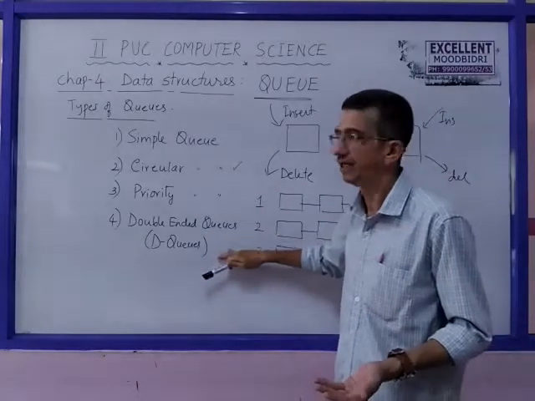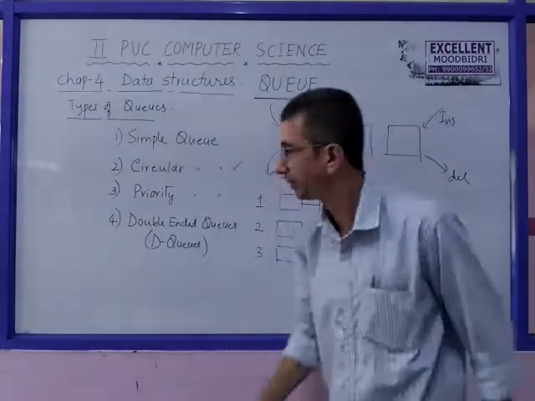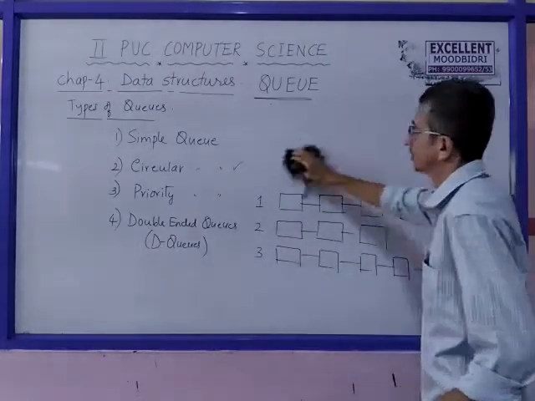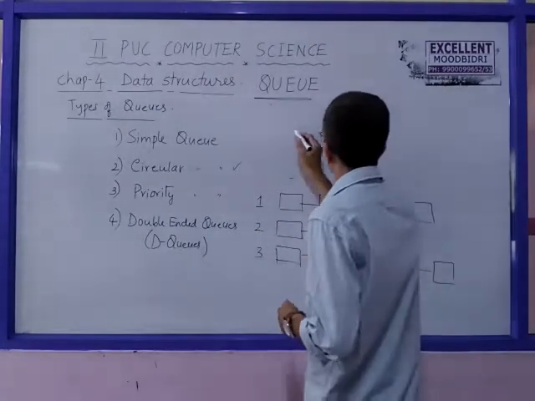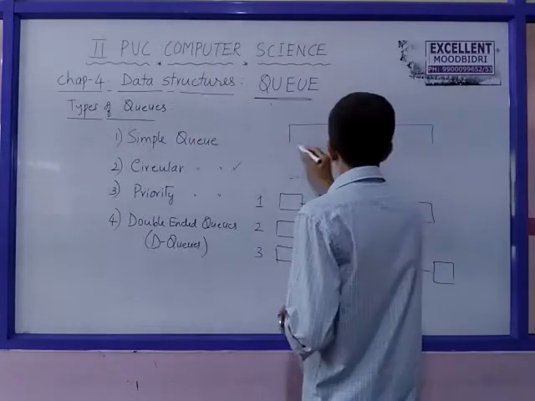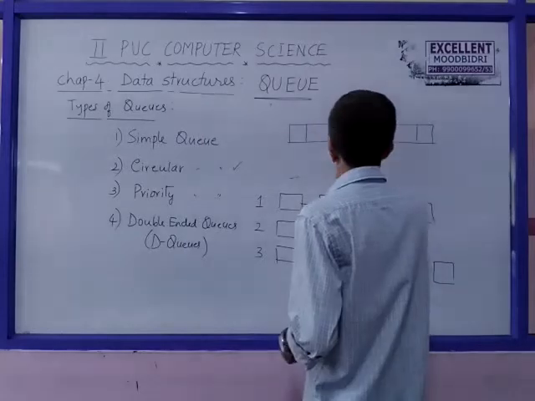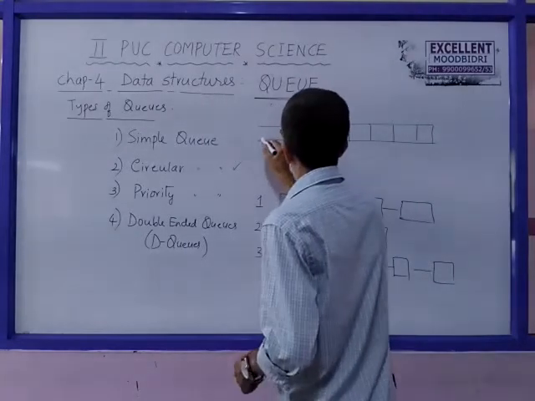Then it becomes a double-ended queue, which can also be represented like this. Here also insertion, here also deletion.